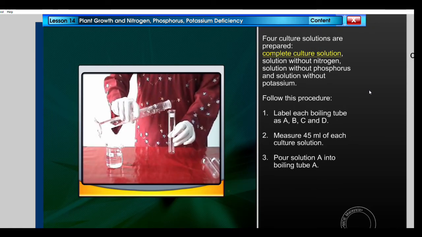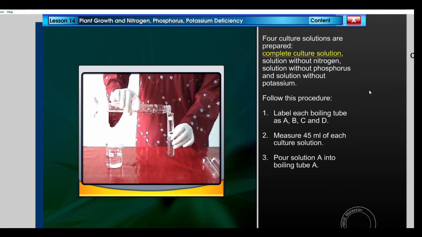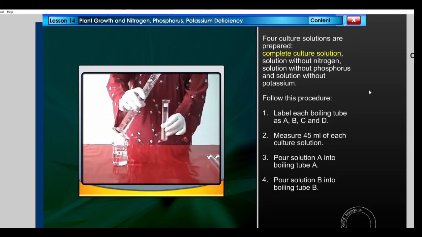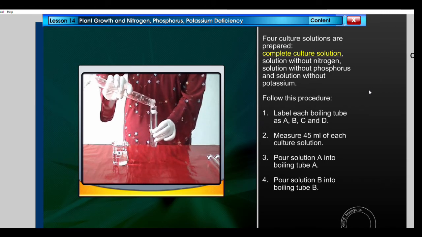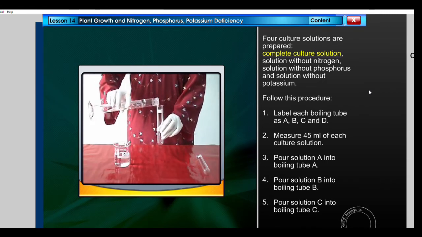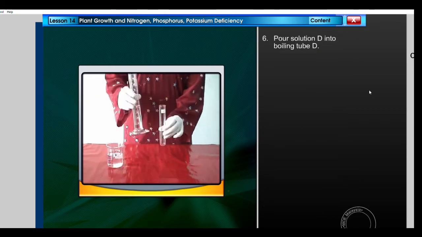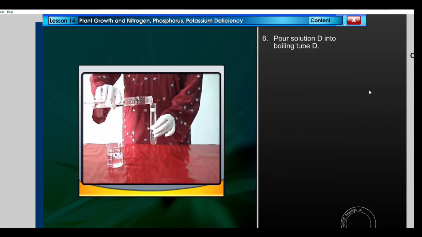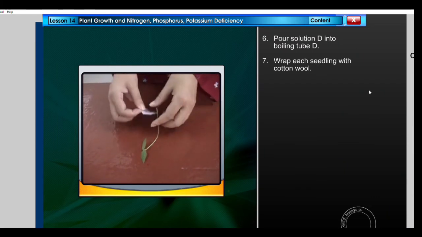Pour solution A into boiling tube A. Pour solution B into boiling tube B. Pour solution C into boiling tube C. Pour solution D into boiling tube D. Wrap each seedling with cotton wool.